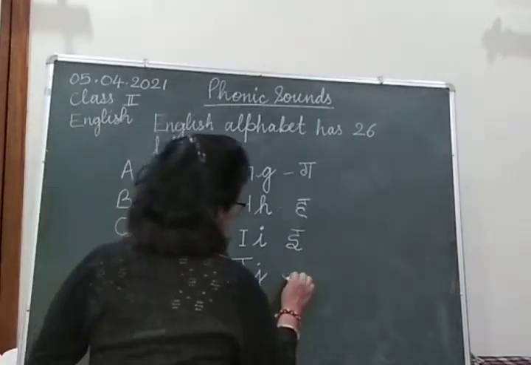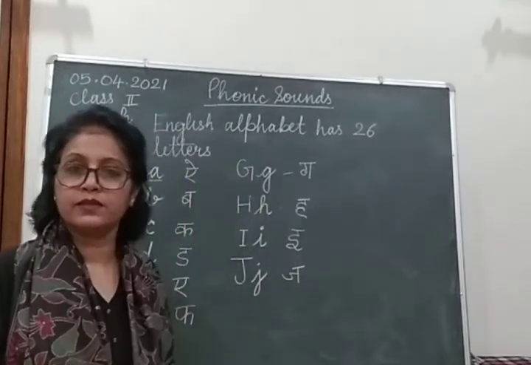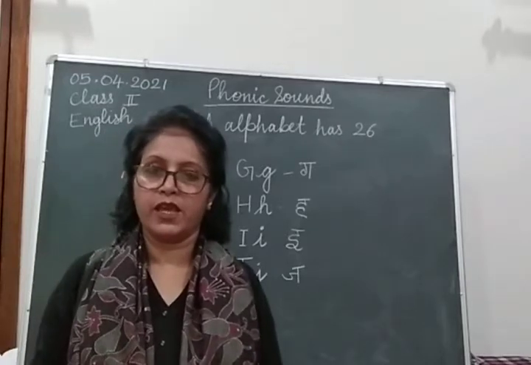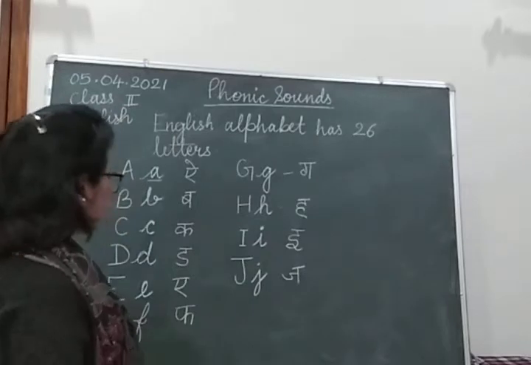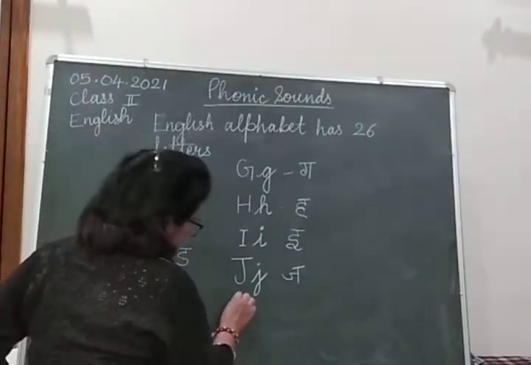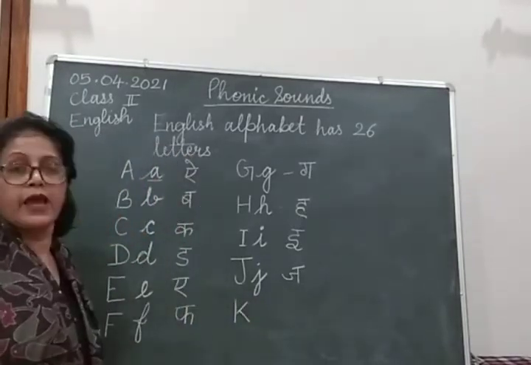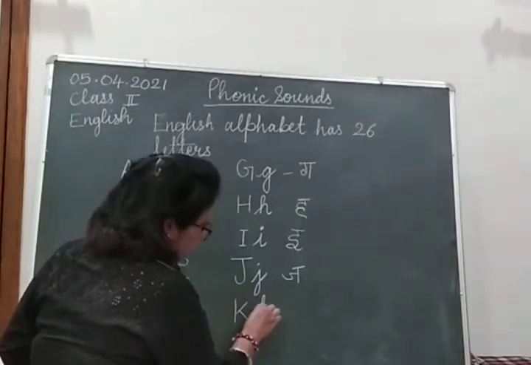J, jug. Okay, J, jack, jug. Next letter is K, and in cursive form we write it like this.